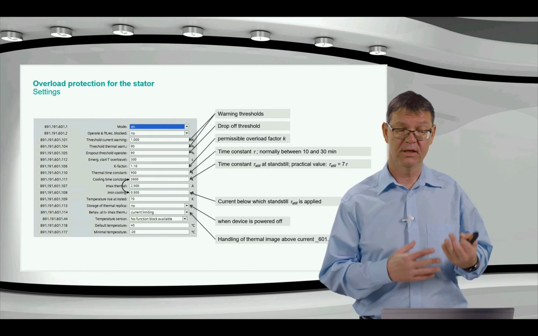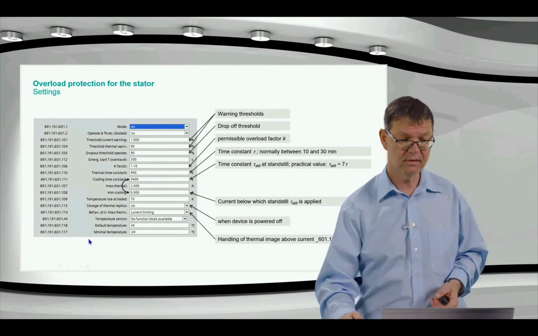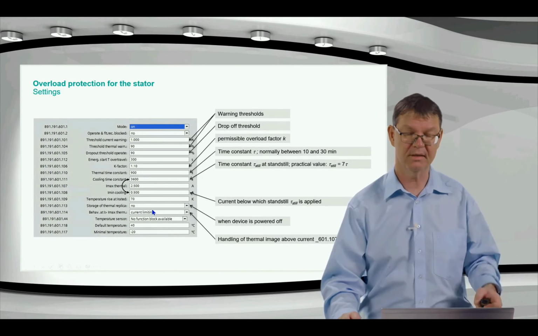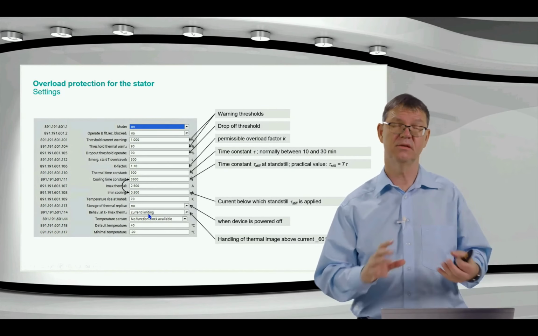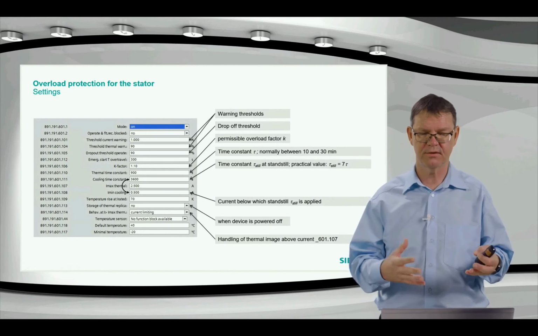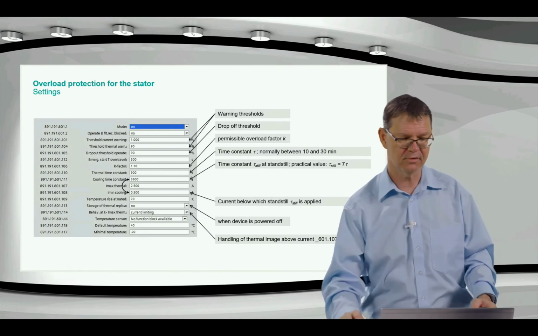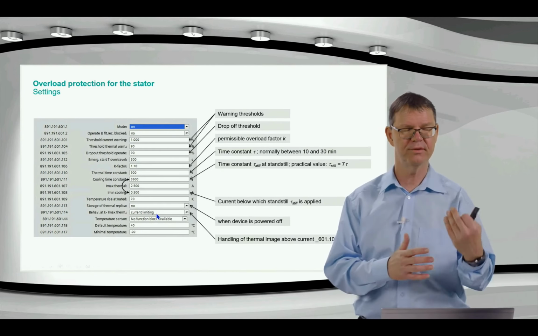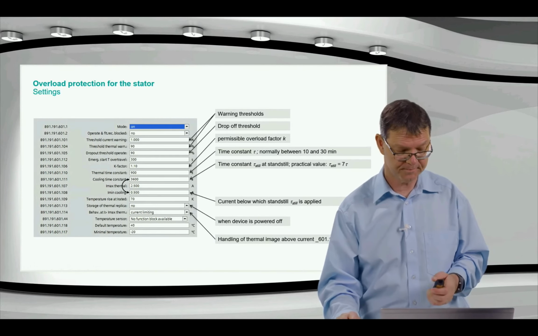In order not to do that, we have the possibility to limit the current which goes into this model here. Practical value is something like 2 times of the nominal current here. Then only this limited current will be considered. Or we have also the possibility to freeze that thermal image under these conditions completely. So I would select current limiting, so it will go a little bit with the current, but it will not take the complete current in consideration here.